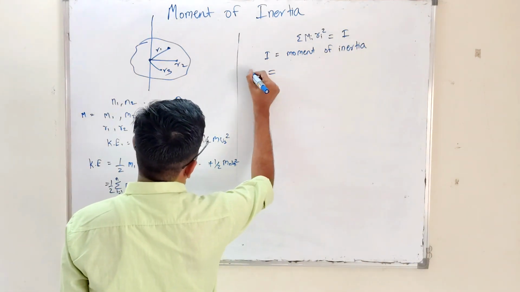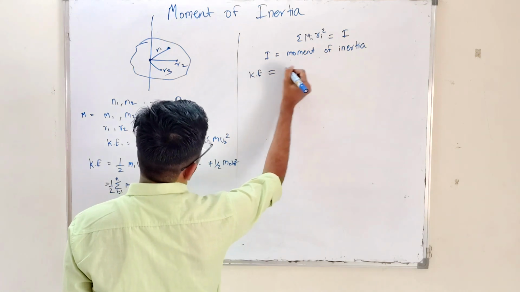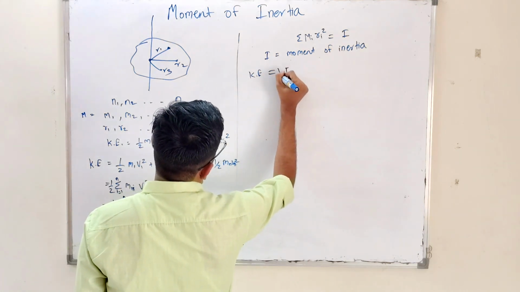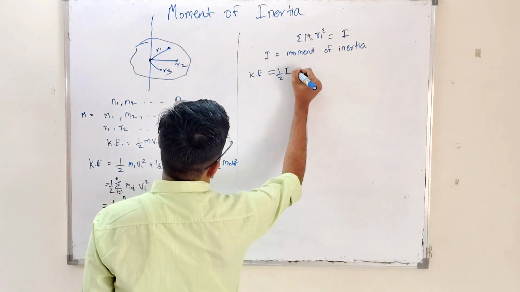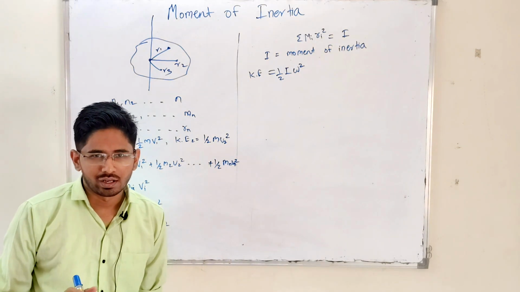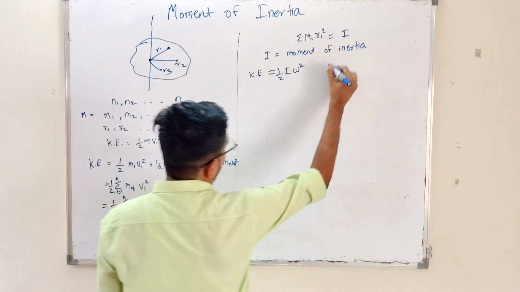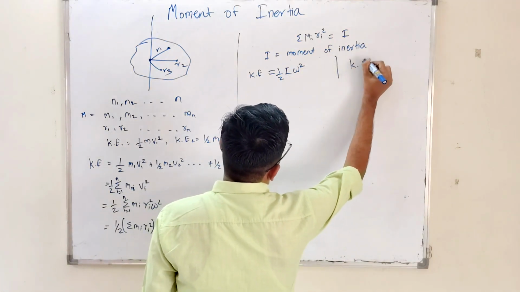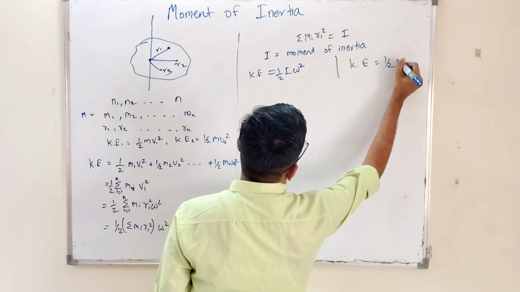And your kinetic energy will be half I omega square.